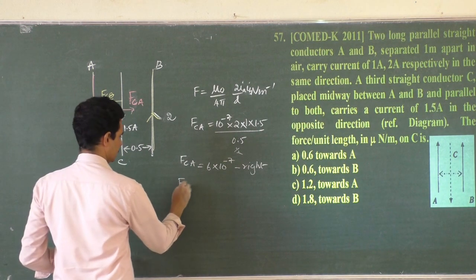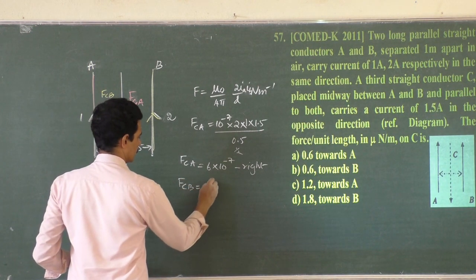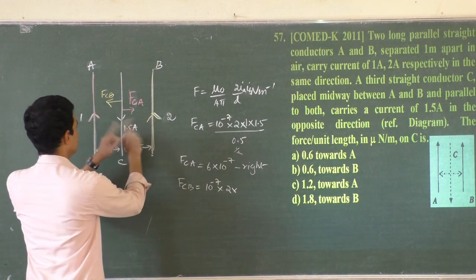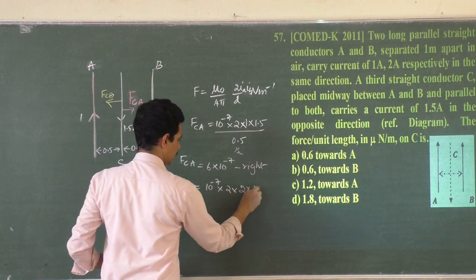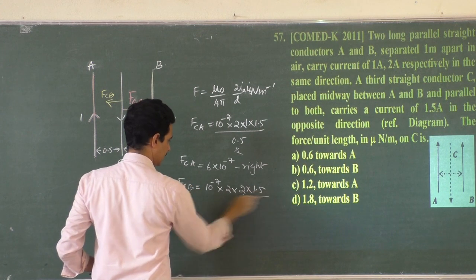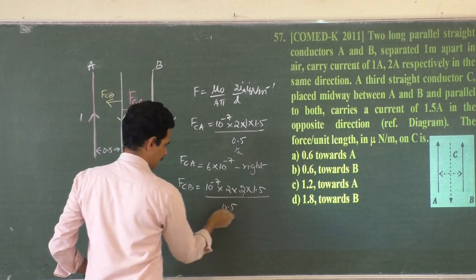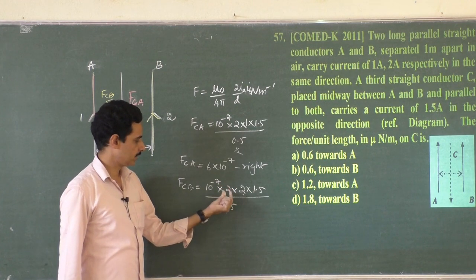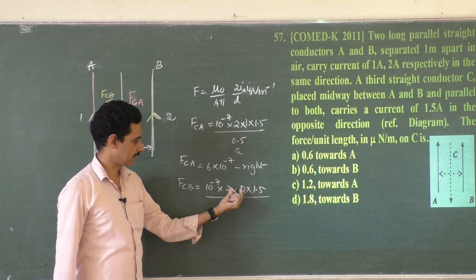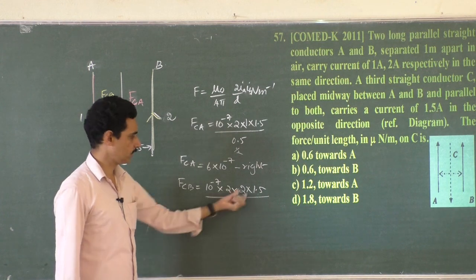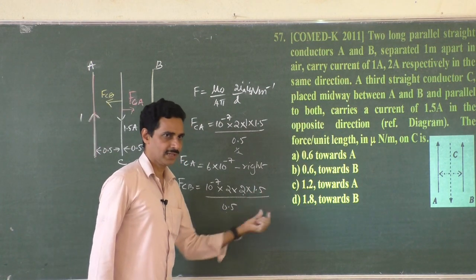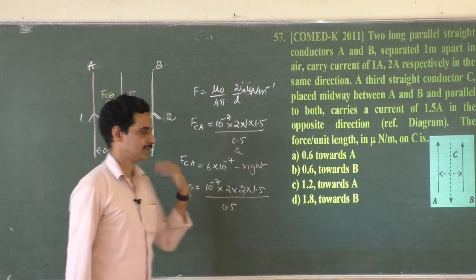Force on C due to B is equal to mu naught by 4 pi 2 into IAIB, 2 into 1.5, 2 IAIB by D, again 0.5. Take this 0.5 as half, 2 to the numerator, and it becomes 2 2s are 4, 4 2s are 8. 8 into 1 and a half: 8 ones are 8, half of 8 is 4, that is 12.